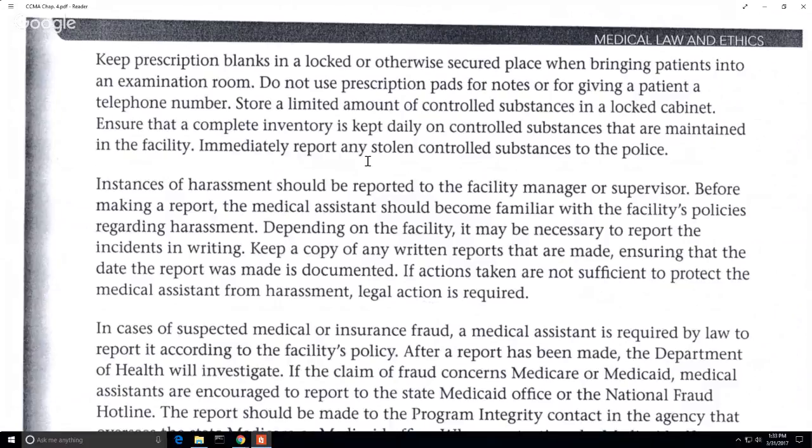Now, instances of harassment should be reported to the facility manager or supervisor. Before making a report, the medical assistant should become familiar with the facility's policies regarding harassment. Depending on the facility, it may be necessary to report the incident in writing.